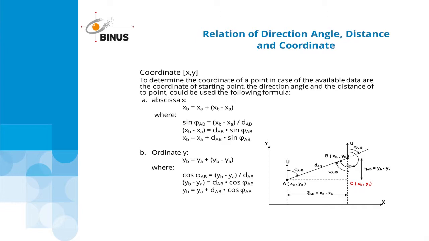Hence, xB is equal to xA plus the distance of AB multiplied by sinus azimuth AB.